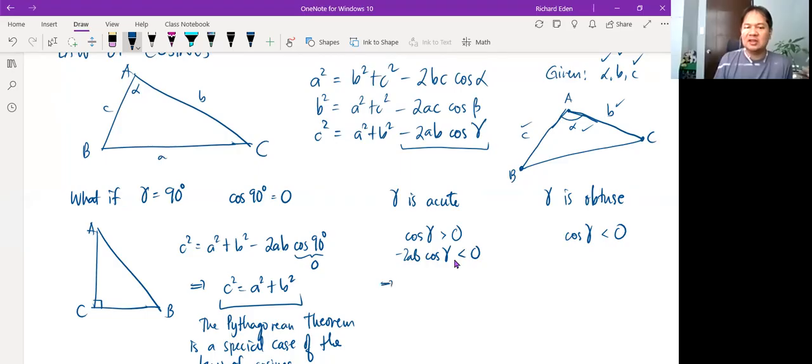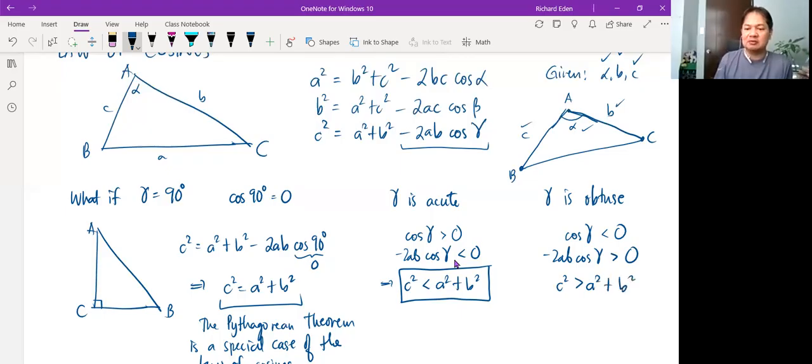So that means c squared is less than a squared plus b squared. On the other hand, if gamma is obtuse, so cosine gamma is negative, that's going to mean negative 2ab cosine gamma will be positive, and so consequently, c squared will be greater than a squared plus b squared.